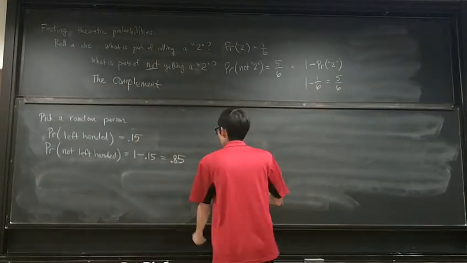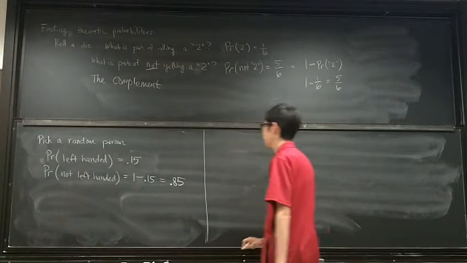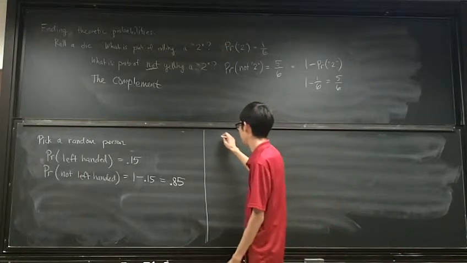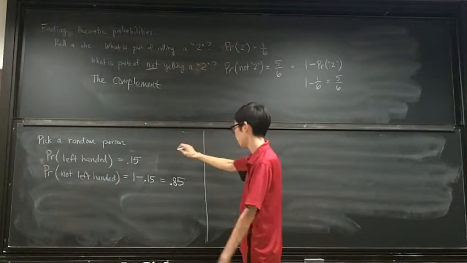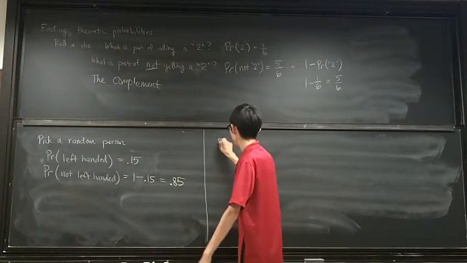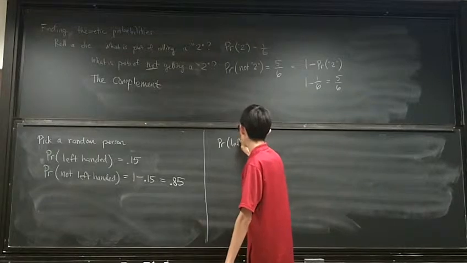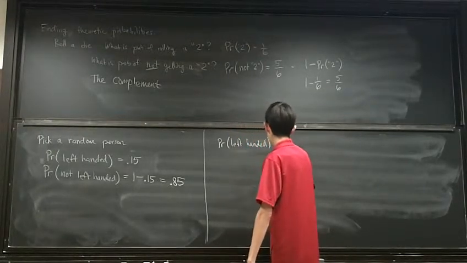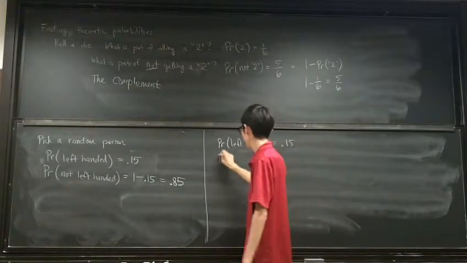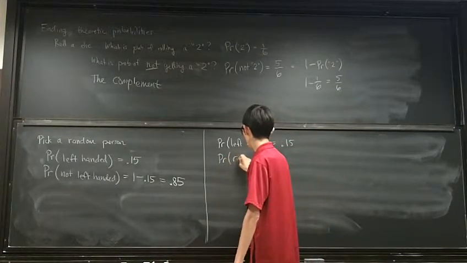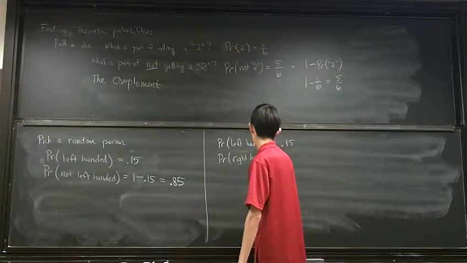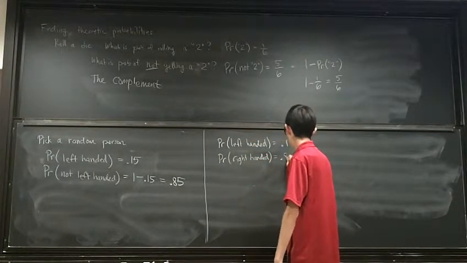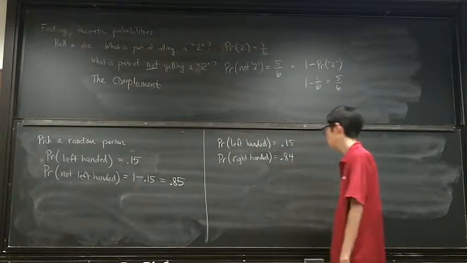Let's say, what if I broke this up? What if I said the probability that someone is left-handed is equal to 0.15, and the probability that someone is right-handed is equal to 0.84.